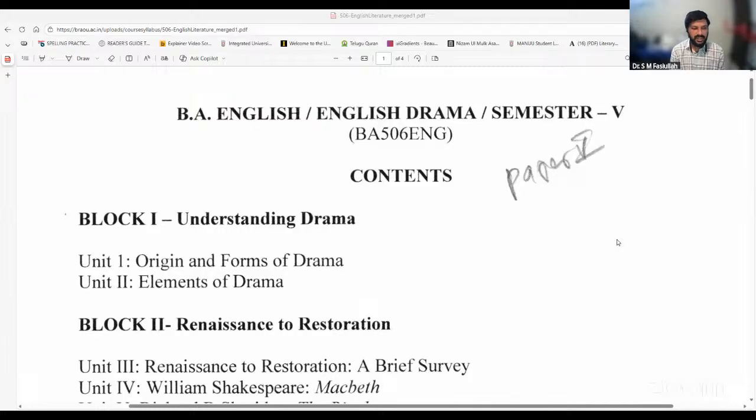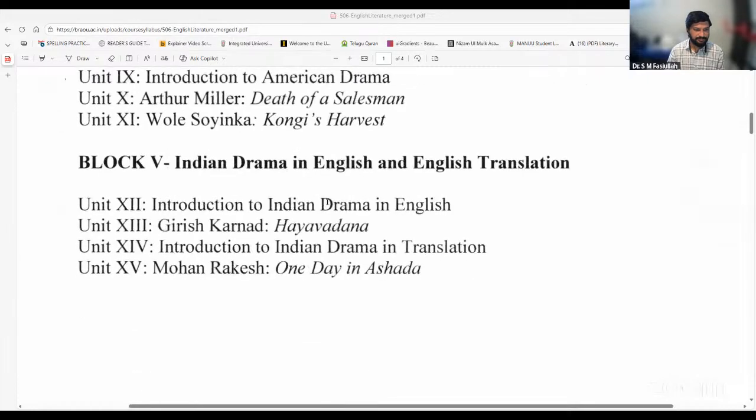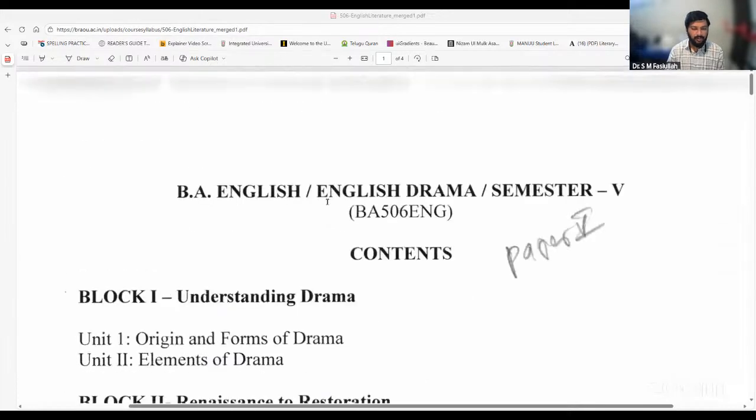The course is divided into different blocks, and each block is thematically organized and contains a number of units. So for this course, that is English Drama, there are as many as 15 units. And all these 15 units or 15 different broader topics have been divided into 5 blocks.